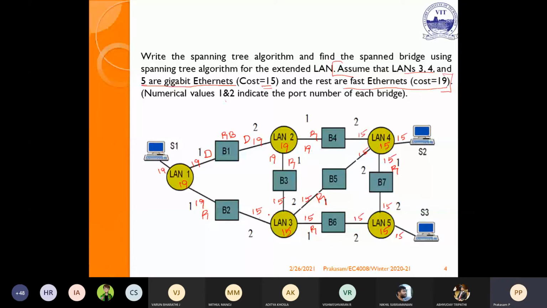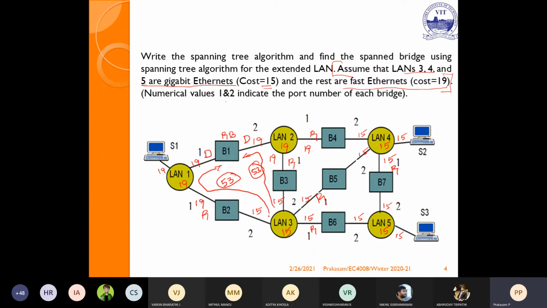From LAN 3, I can go in this direction or I can go here. So through this, the value is 19 plus 19, 38 plus 15, 53. In this direction also it is 53. Now a tie is happening. If a tie is happening, the designated bridge is the one with the lowest bridge ID. This is B2, this is B3.